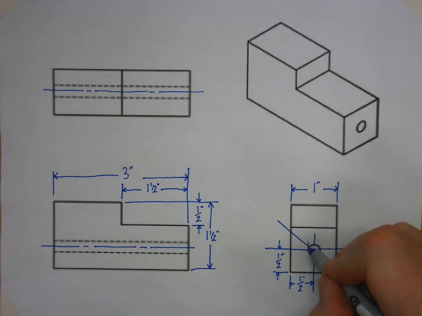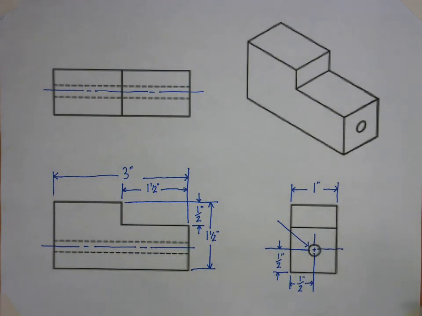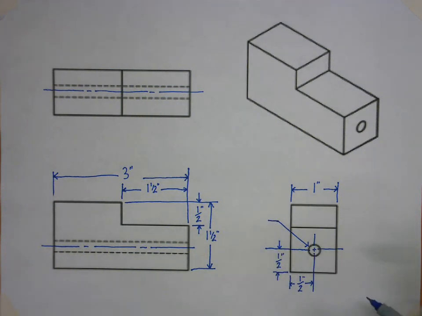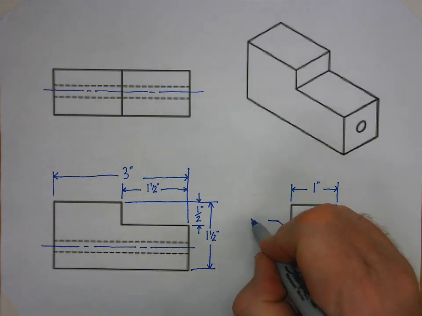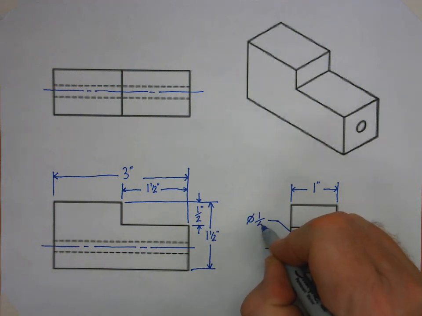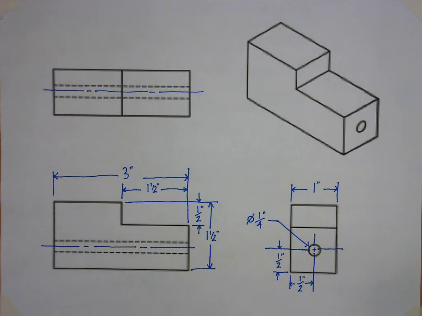On the end of a leader line, we want to put an arrowhead that says we're dimensioning to this particular circle. And we'll put another dimension line there, and we'll mark that with a diameter. The symbol for a diameter is a circle with a line through it, and we're ¼ inch. Okay, ¼ inch. All right, with that, we have our drawing all dimensioned.